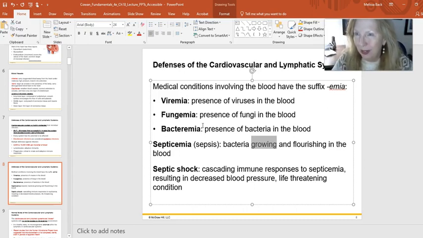If blood can be exiting, then microbes can be entering, right? So every now and then you will have a bacteremia that does not mean septicemia.